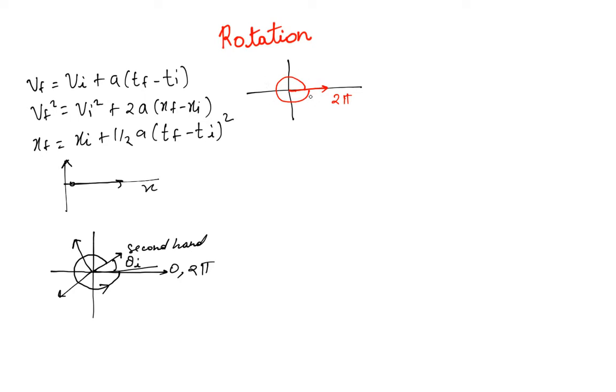So it can do every single thing that distance can do. What can be done by a particle moving along a line can be done by this minute hand. It can cover angles, it can have angular velocities, and it can have angular accelerations.